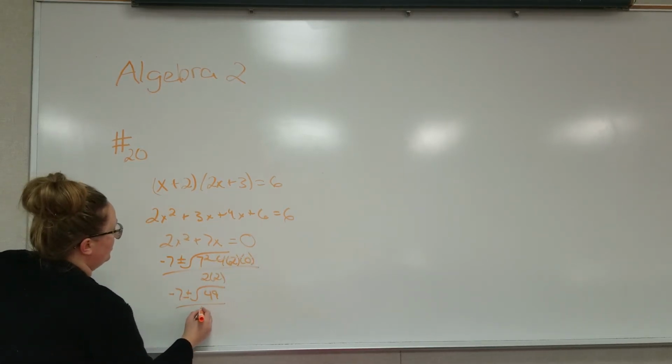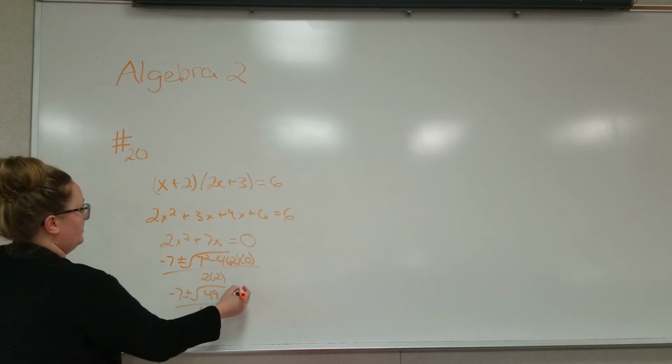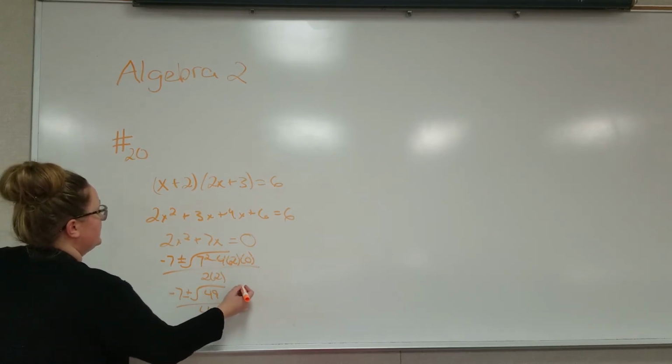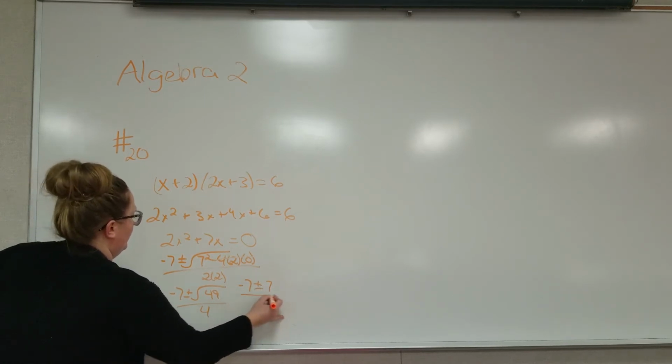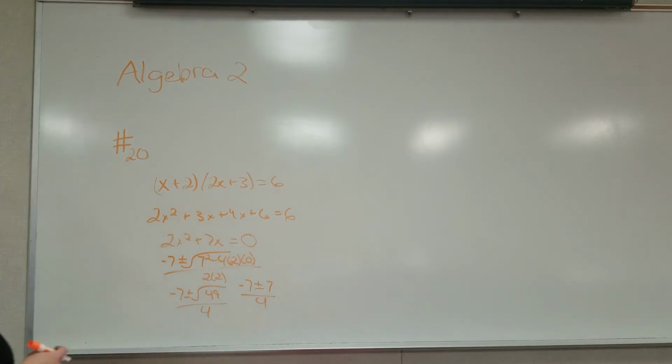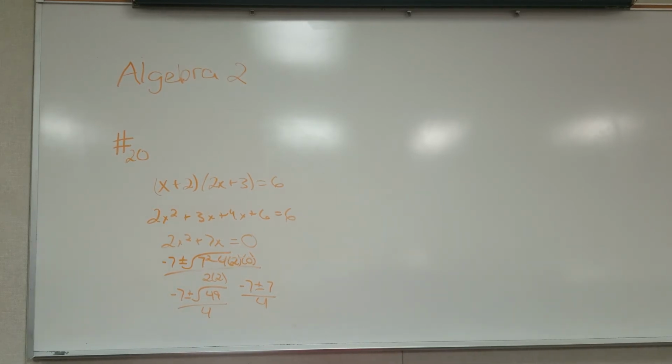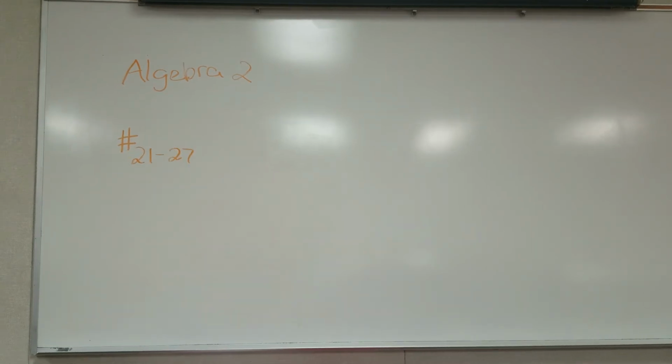So over 4. So the square root of 49 is 7, so it's negative 7 plus or minus 7 over 4. So to get your two answers, the first one you go negative 7 plus 7 divided by 4, and negative 7 minus 7 divided by 4.